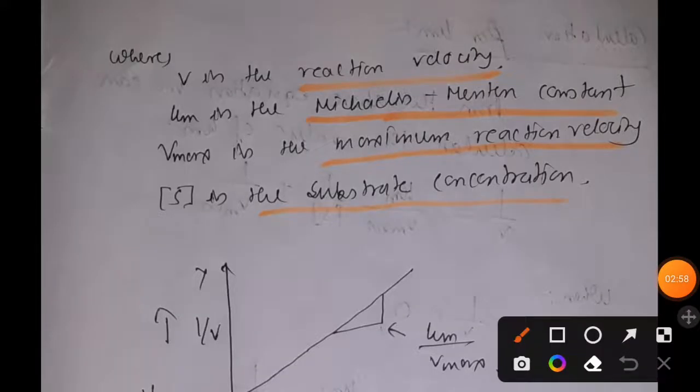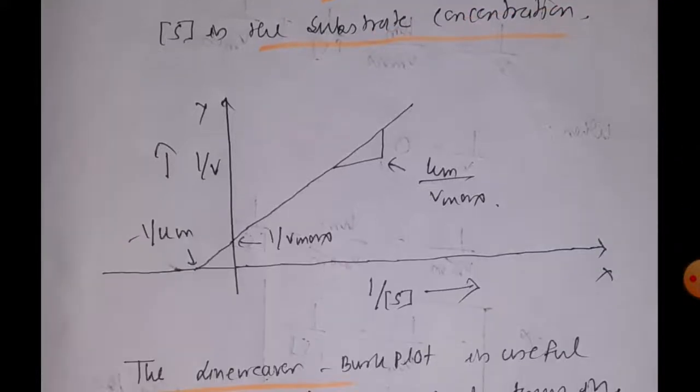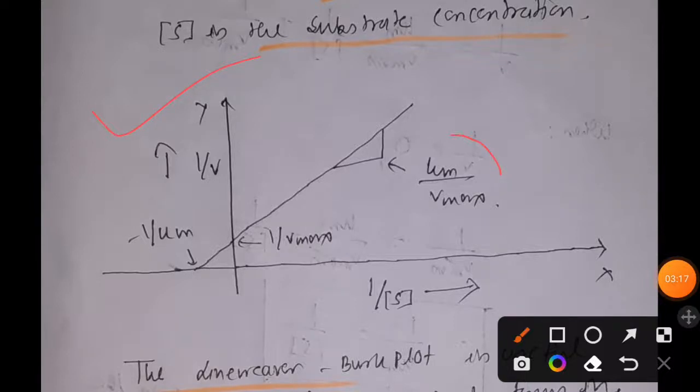In the equation that I have discussed in the previous slide, v is the reaction velocity and Km is the Michaelis-Menten constant, and we all know that Vmax is the maximum reaction velocity, and S is the substrate concentration. So this is the Lineweaver-Burk plot. Here the slope is Km by Vmax.